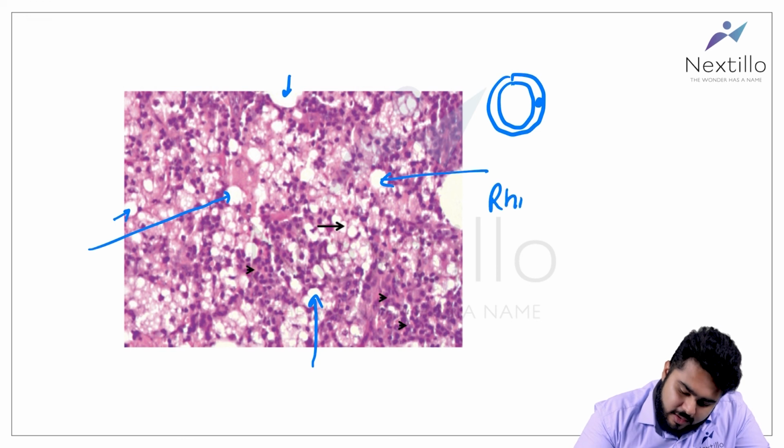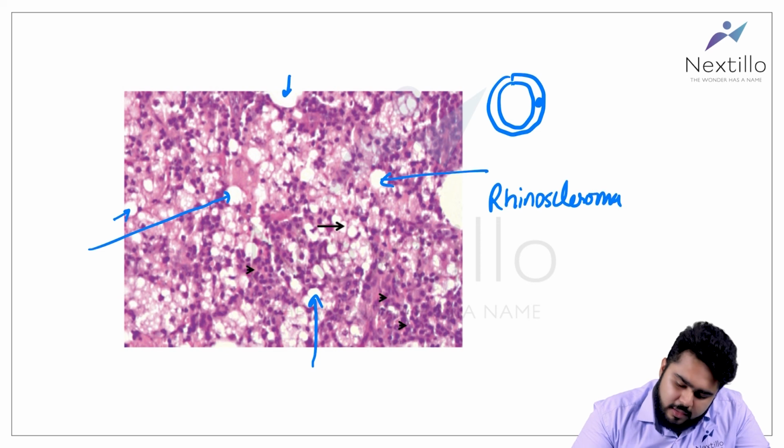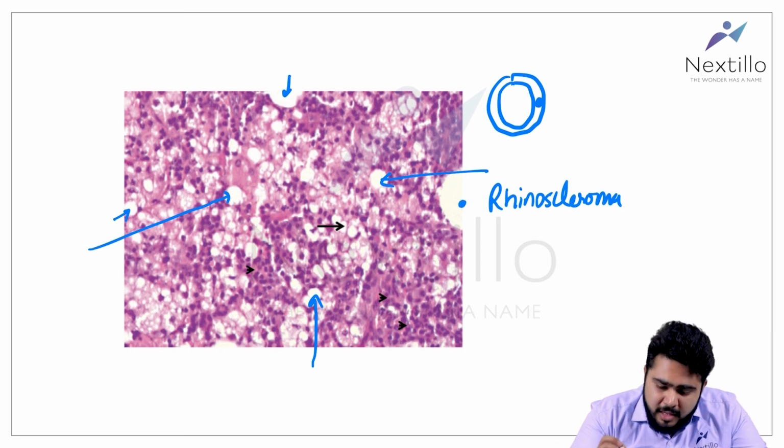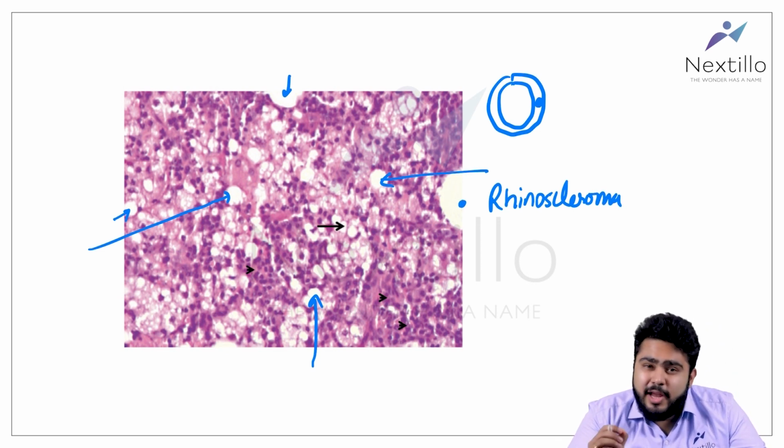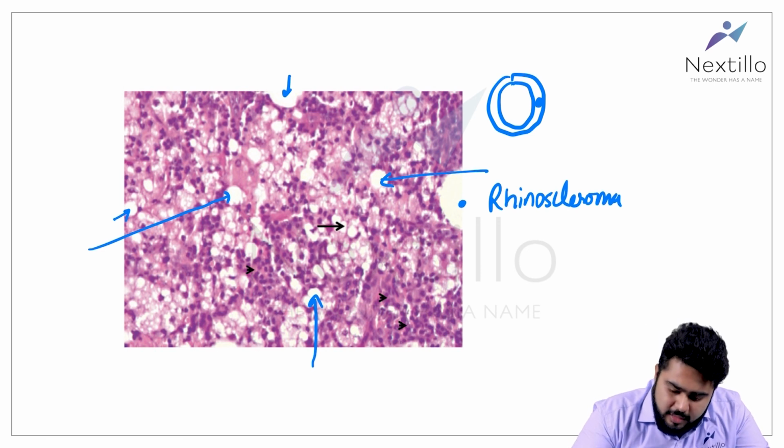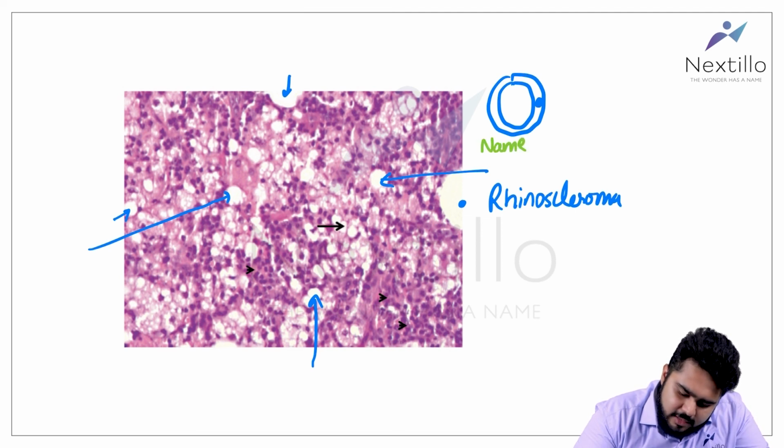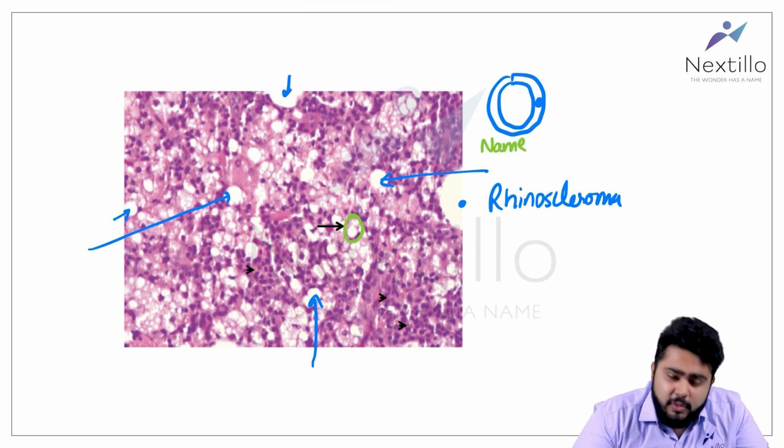Rhinoscleroma. Rhinoscleroma is caused by Klebsiella rhinoscleromatis. Okay, then causative organism, you know. Other thing: what is the name of this cell? They may ask, kindly mention the name of this cell.